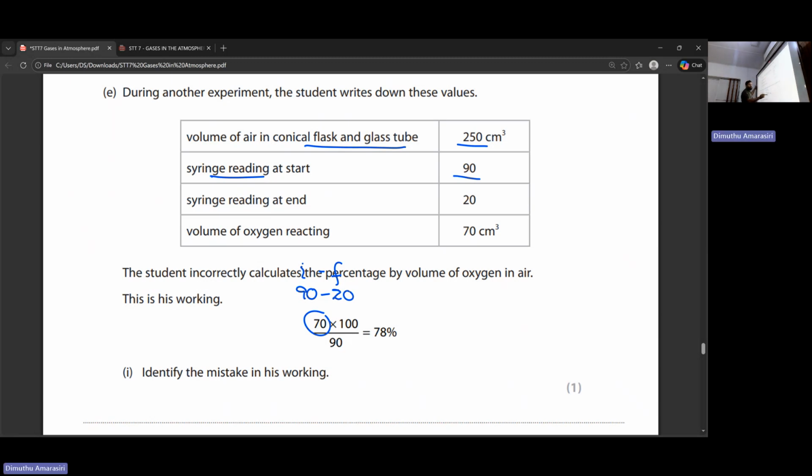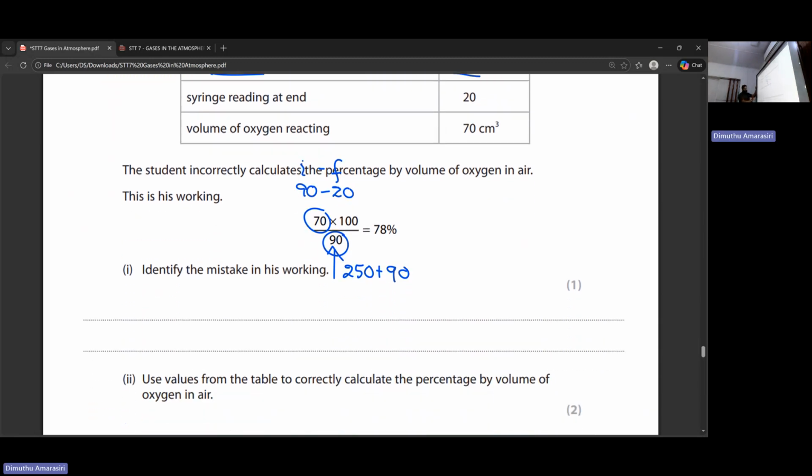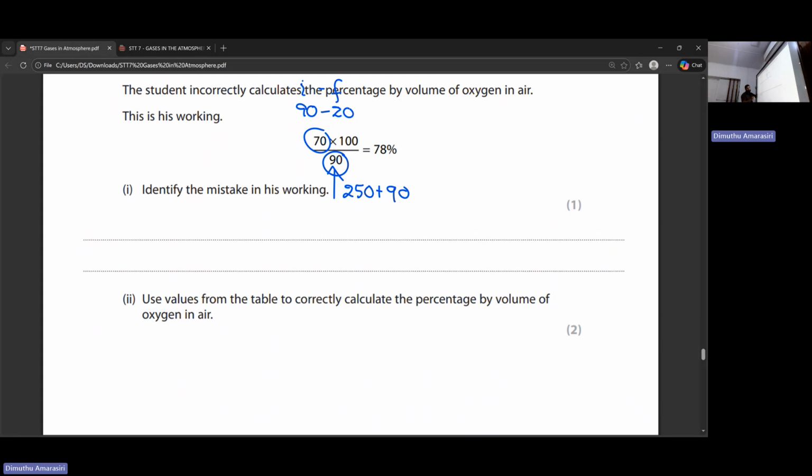The mistake is that 90 should not be put here, because it's 250 plus 90. That's the correct answer. Identify the mistake: the initial volume is 250 plus 90. Use values from the table and calculate correctly. That means 70 divided by 340, into 100.